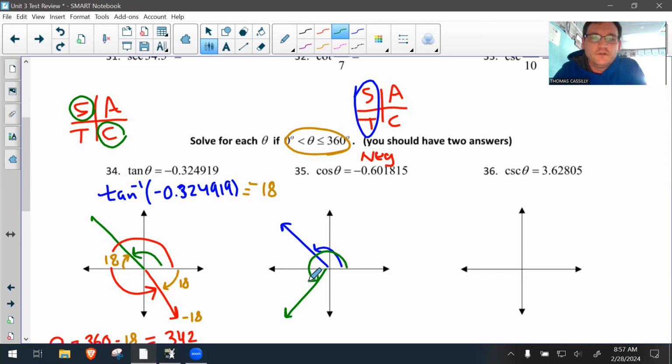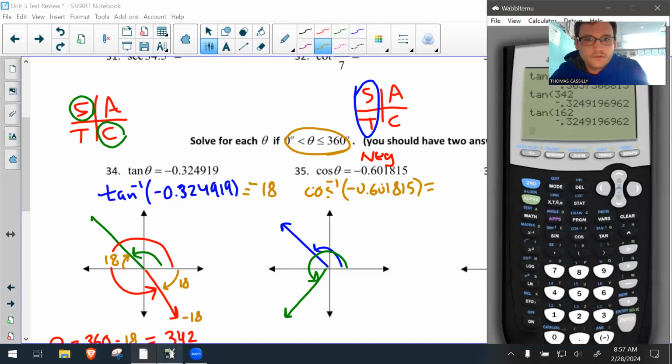What we need to do is find that reference angle. To find it, just like before, take the inverse cosine of negative 0.601815. What is that going to be?